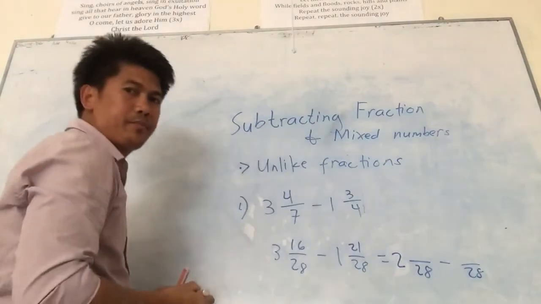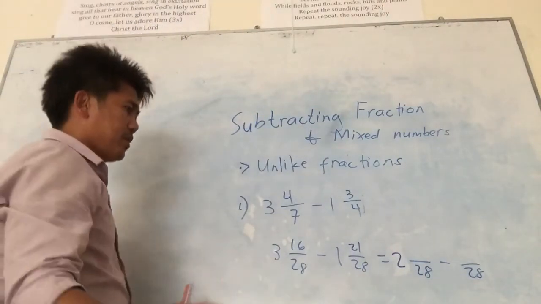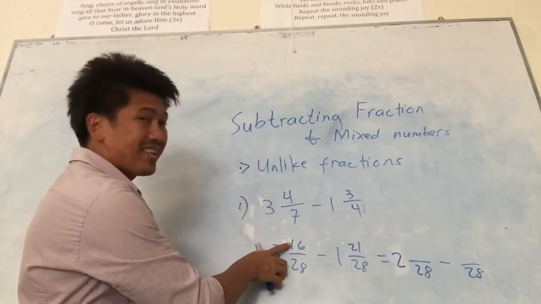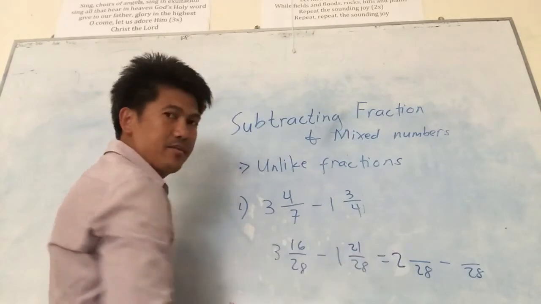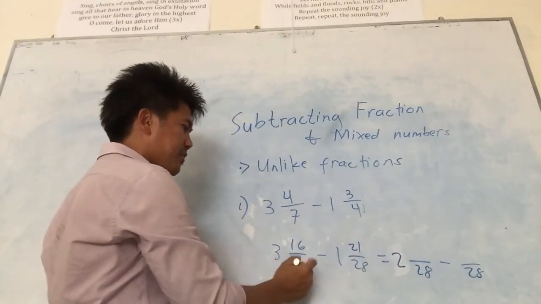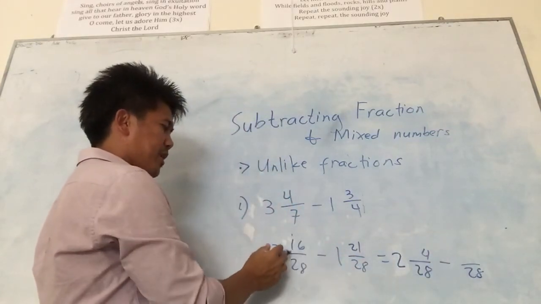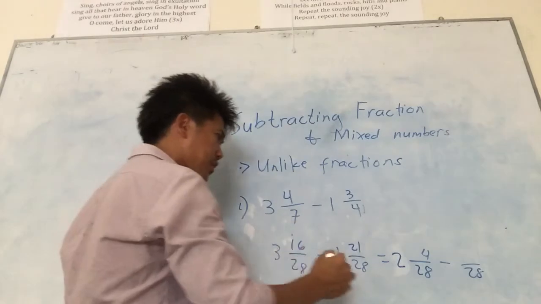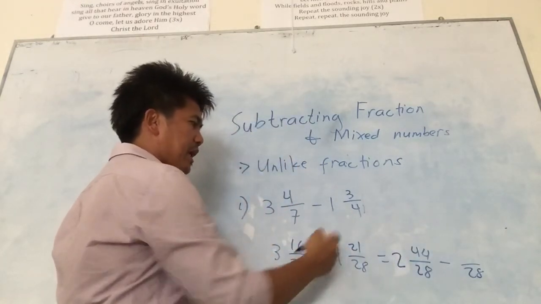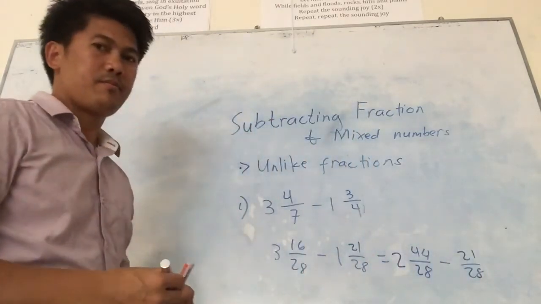And then what you will do is, you add 28 plus 16 and write it here. Okay? So 28 plus 16 is what? 8 plus 6 is 14. 1. 2 plus 1 is 3 plus 1, 4. 44. And then copy 21 there. Just copy because you don't need to touch that number there.